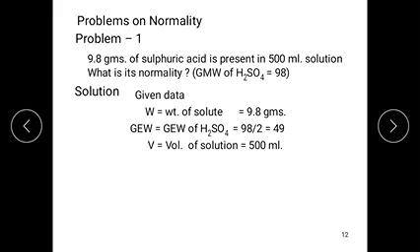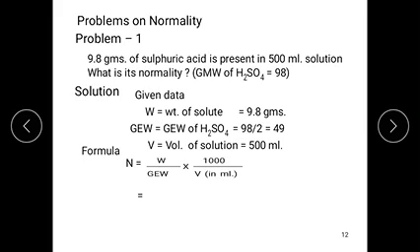Next, V is the volume of the solution. The given volume of the solution is 500 ml. Now let us see the formula. Here the volume is in milliliters, so we take the formula N equals W by GeW into 1000 by V in milliliters.